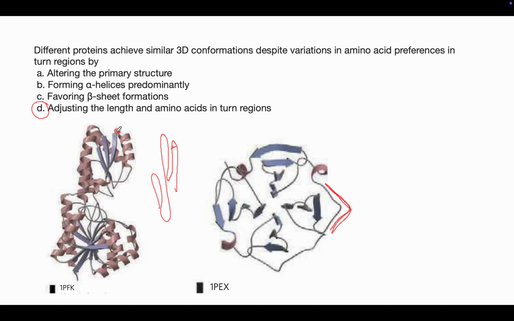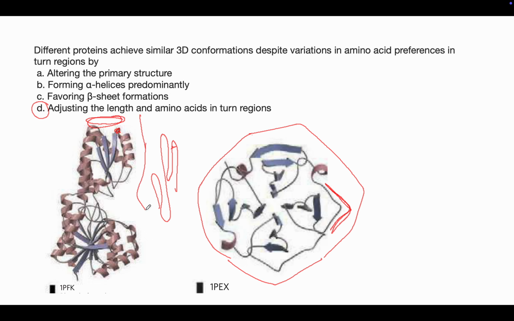That is why we are getting a different shape of protein here. We are getting a square shape of protein. This is a top view of a protein, whereas if we observe from here, we will get a filament like structure of protein. So the same thing again, adjusting the length of amino acid in each turn.